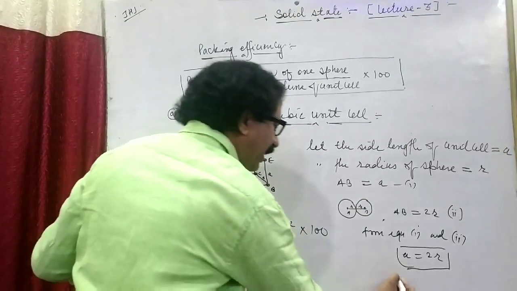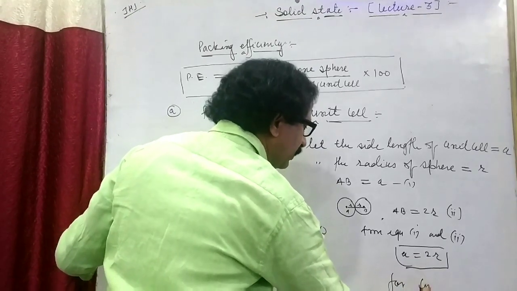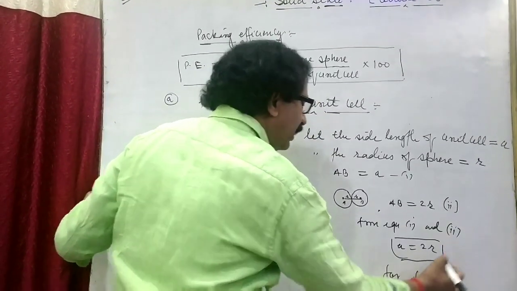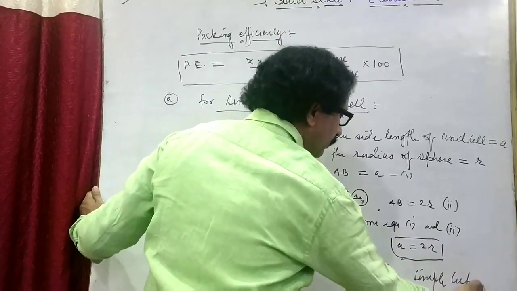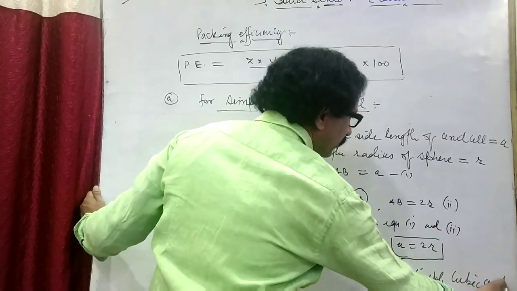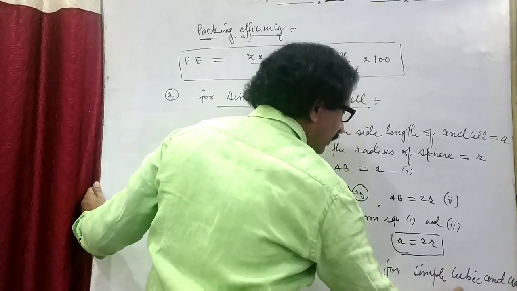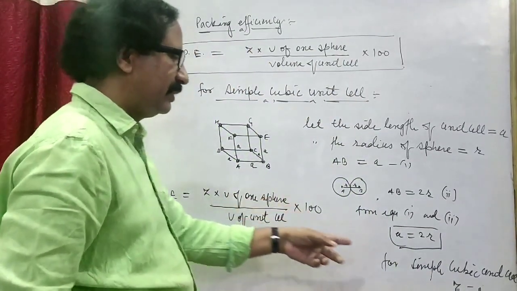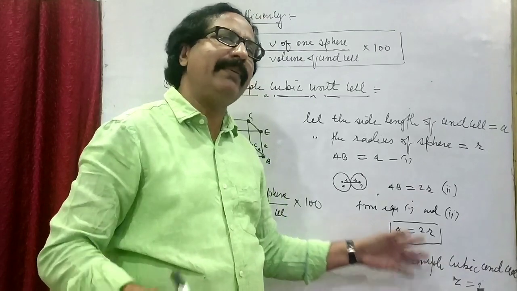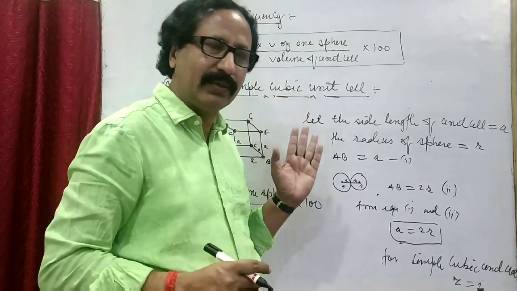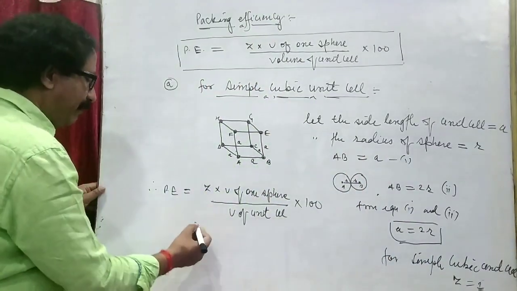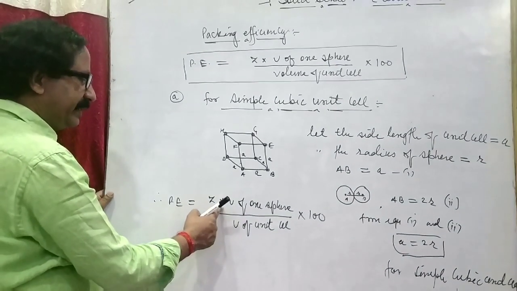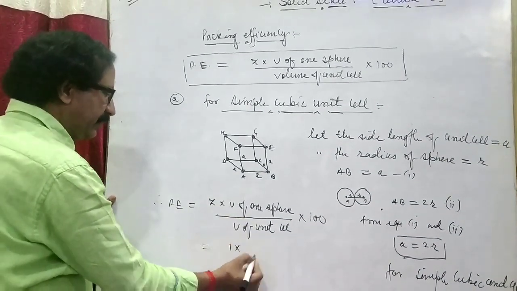And one thing remember forever, for simple cubic unit cell, the value of Z is equal to 1. About this I have already proved in my previous lecture. Then apply here Z equals 1.